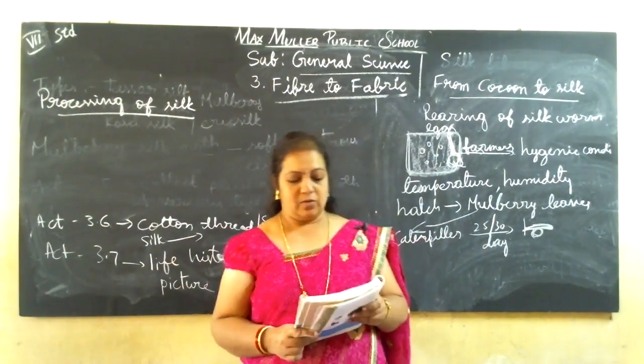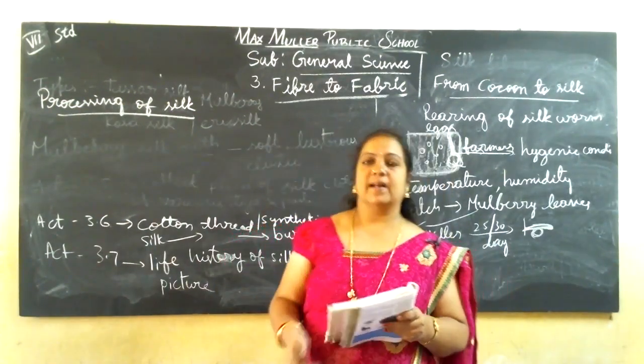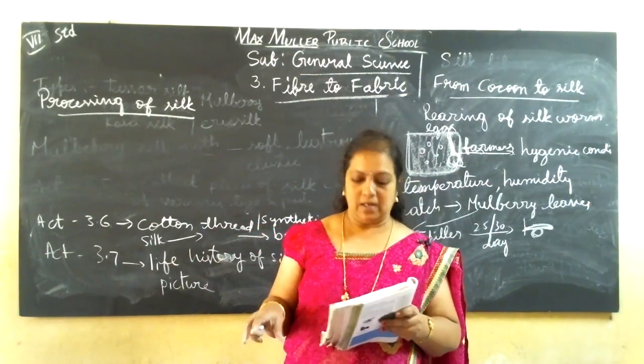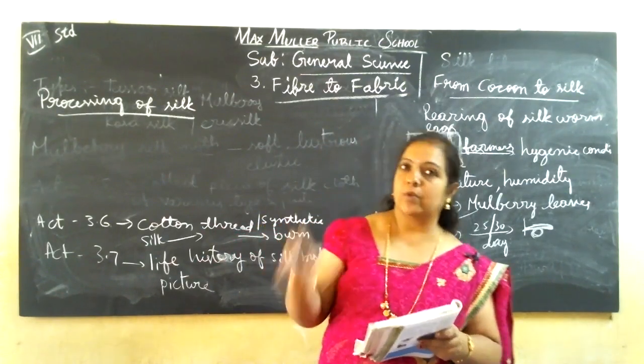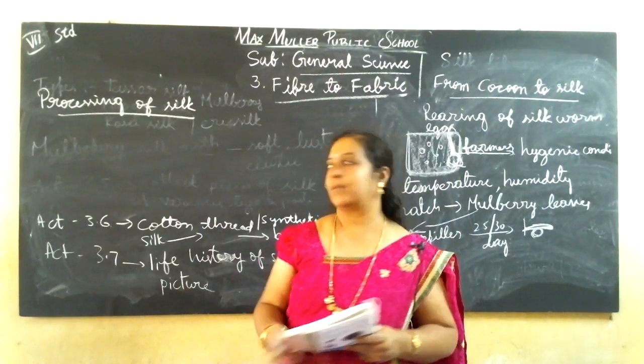Okay, so those cocoons are used for obtaining the silk fiber. The cocoons are kept under the sun, or boiled, or exposed to steam. Okay, so when you boil or expose them to steam, then the silk fiber is separated out.